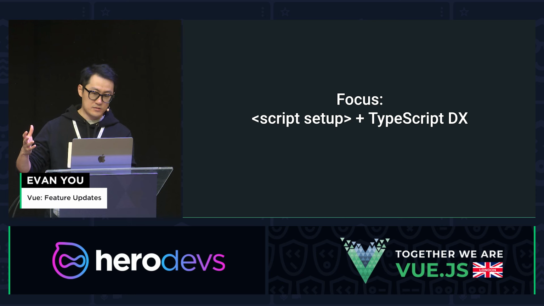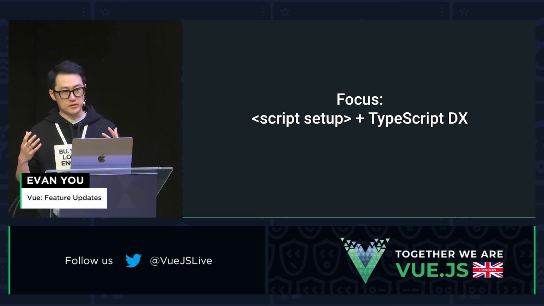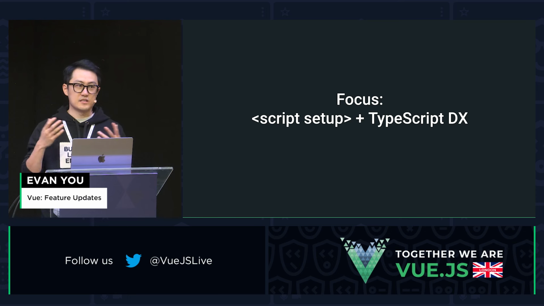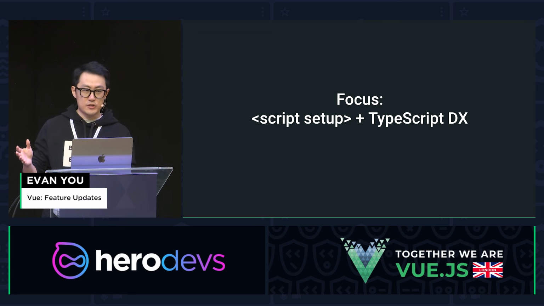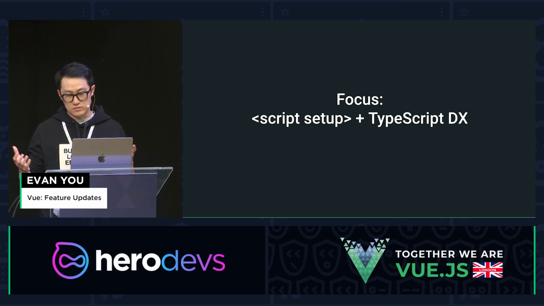And the reason for that is because in the initial stages, when Vue was relatively small, our user base was mostly focused on relatively simple use cases. They were largely using a backend framework, and they just wanted some simple interactivity on the front end. But nowadays, our use case has expanded wildly, and people are building really complex applications with Vue.